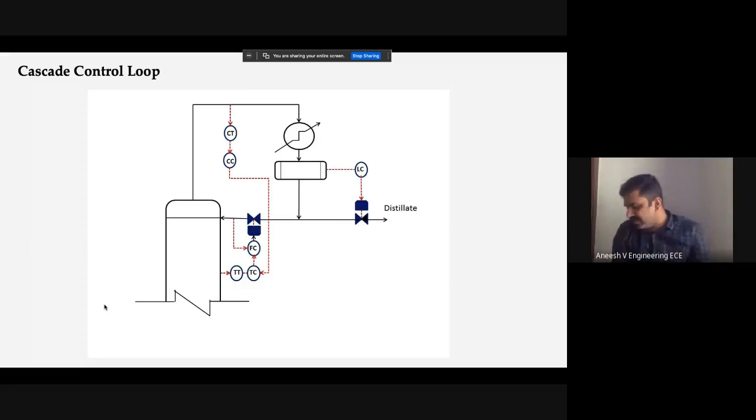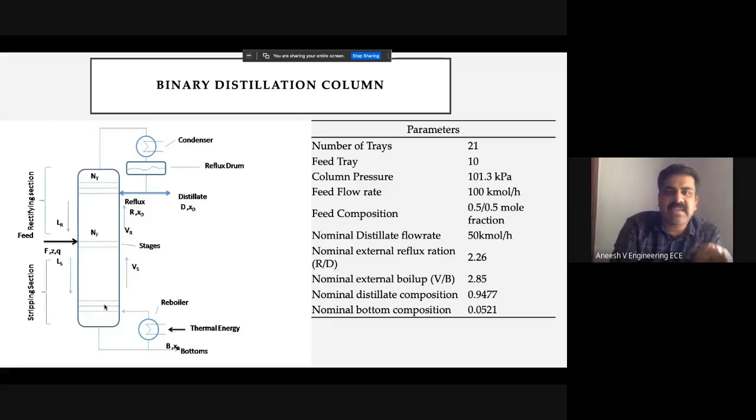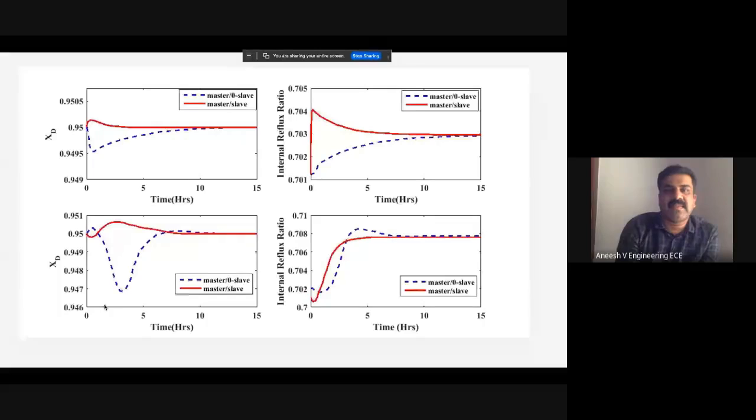The master and slave together form the cascade control structure. So we applied the same backstepping technique to this. The dotted line represents a single PID controller. The red line represents a master-slave cascade control structure using the backstepping technique.